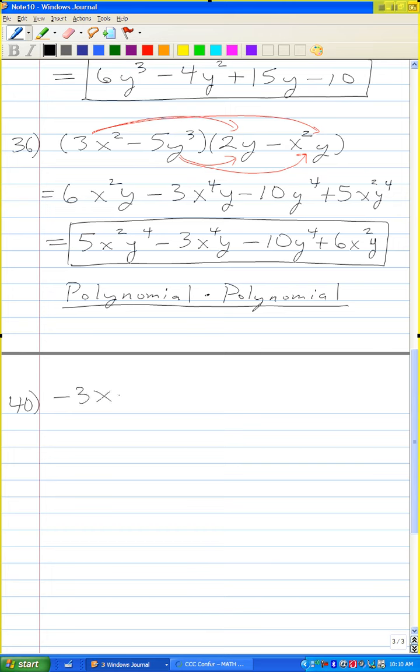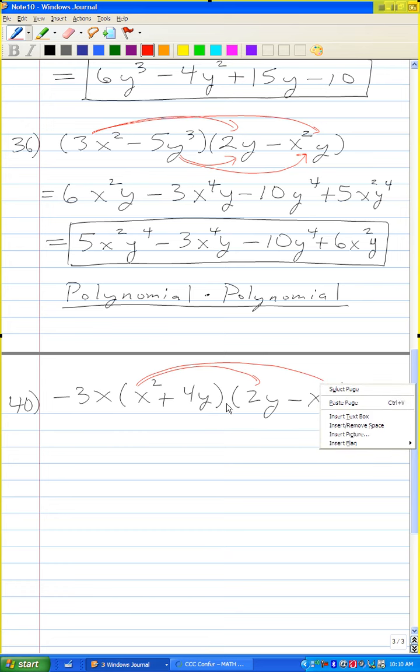Negative 3x times x squared plus 4y times 2y minus x squared. So in this case, let's first use distributive property to multiply each of the terms in this third polynomial by x squared and by 4y.